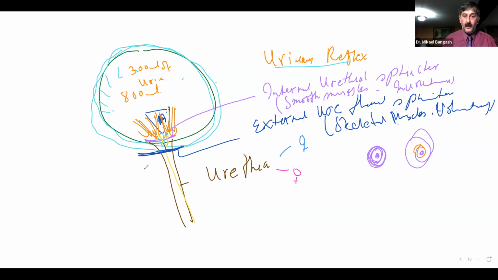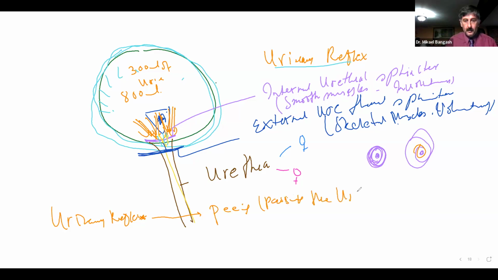So the remainder is as a result of a urinary reflex, meaning that it will lead to the opening of these sphincters here, and eventually lead to peeing, or we can say passing the urine.